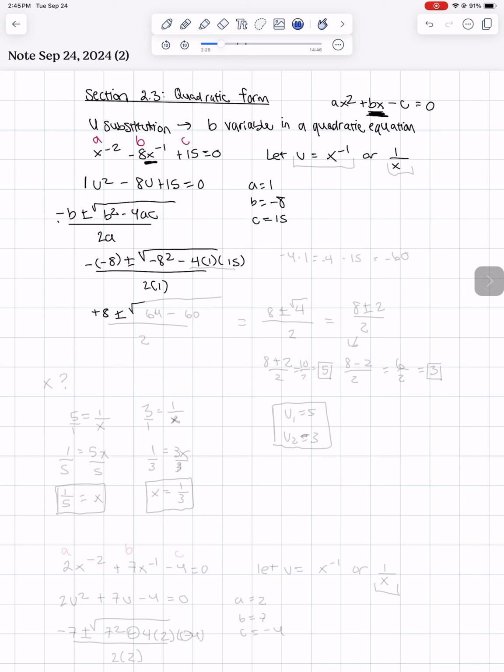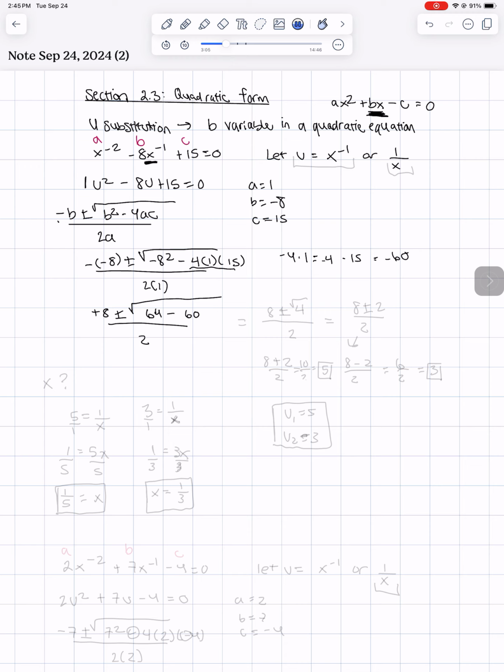And then when I square a negative number, what happens? Well, the negative goes away. So we get 64. And then if I look at my math, I don't have any other negatives on this side, so I'm going to have a negative result. So 4 times 1 is 4, and 4 times 15, we know, is going to be 60. So negative 4 times 1 times 15 gives me minus 60, over 2.